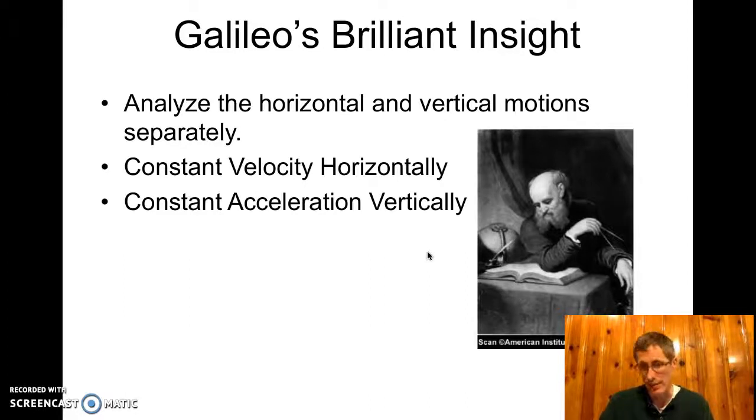He correctly reasoned that horizontally the ball was just moving along at a constant velocity, and vertically it was accelerating down due to gravity. You put those two motions together and you've got projectile motion. And I believe that's what you saw in the lab, that horizontally it was constant velocity and vertically it was accelerating downwards.